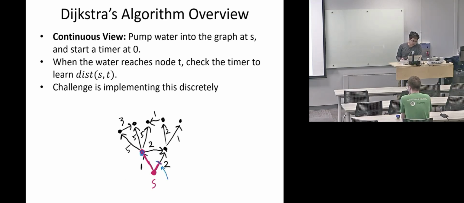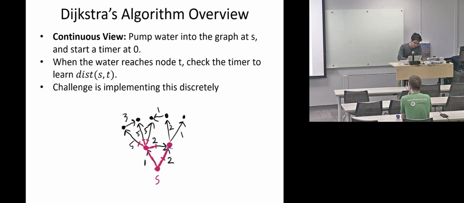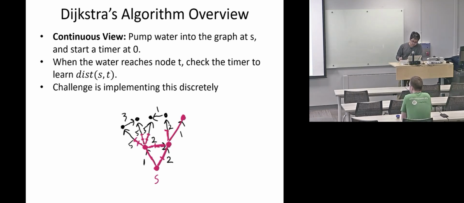Take another second, and now it reaches this node, and the water goes through this half and just this much, and so on. It keeps going. What Dijkstra tries to do is discretize this process.